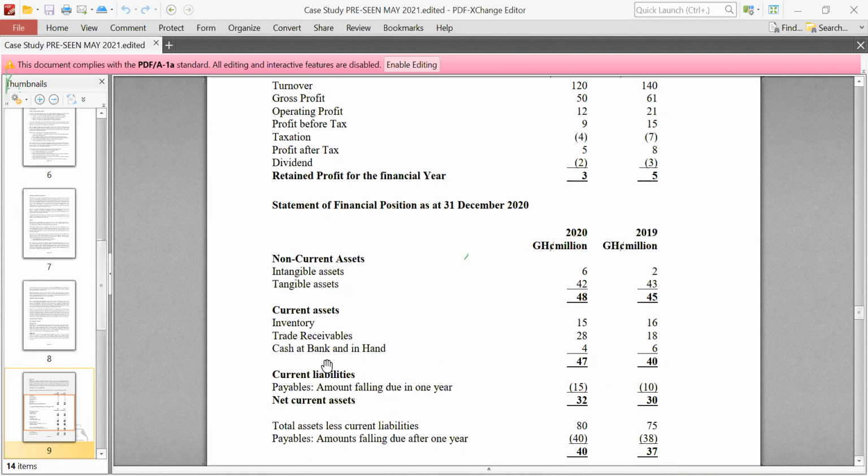That's something I would note as a problem, apart from turnover. Turnover decreased by 20 million. This one, you're having receivables increased by 10 million. That's a substantial amount.